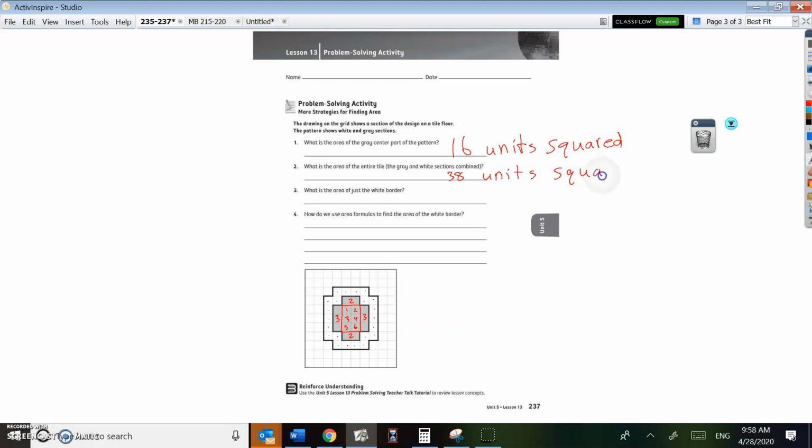An area has a length and a width, just like a square has a length and a width. What is the area of just the white border? So we know that this whole thing is 38. So let's take away the 16 from the center, from the gray center. Get 2 there and 2 there. So the white border is 22 units squared.